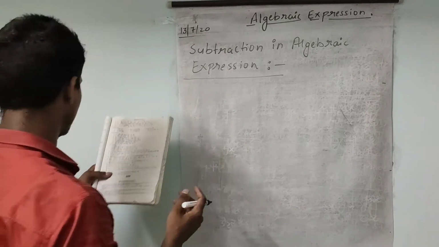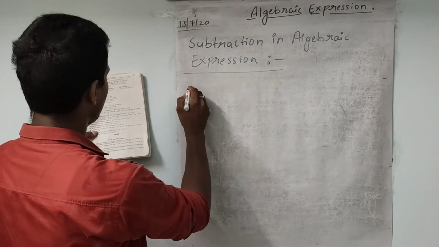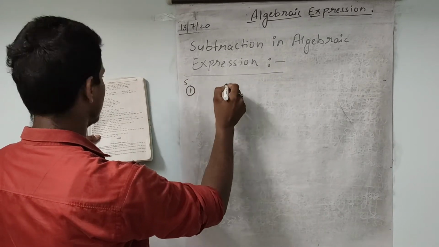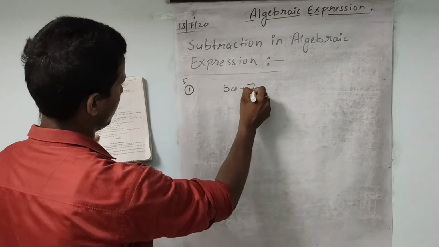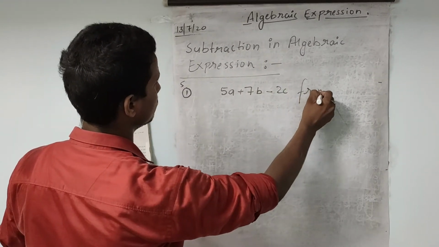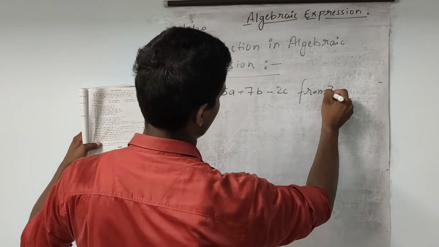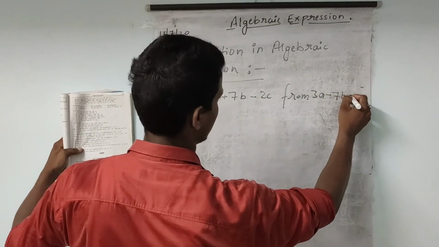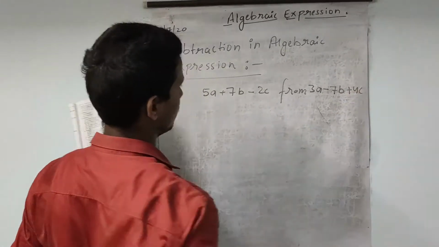Like I have taken question number one of 8C. So 5a plus 7b minus 2c from 3a minus 7b plus 4c is given. Okay.